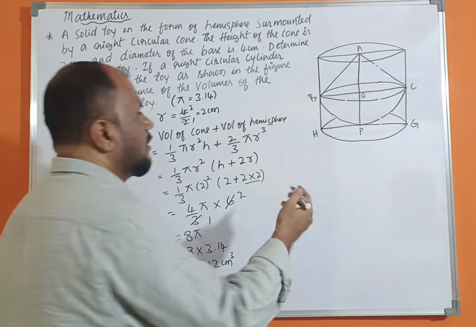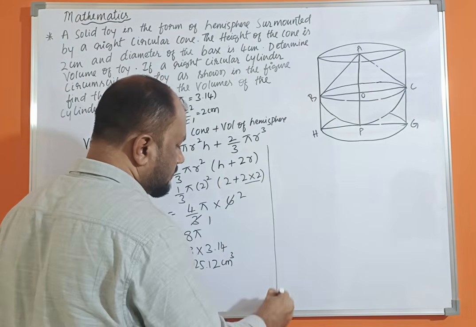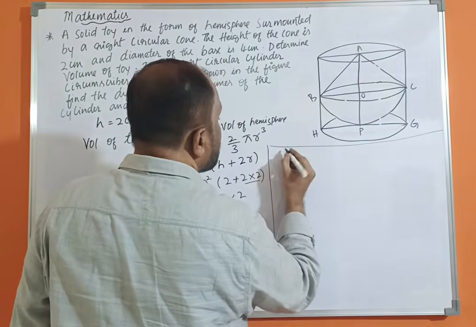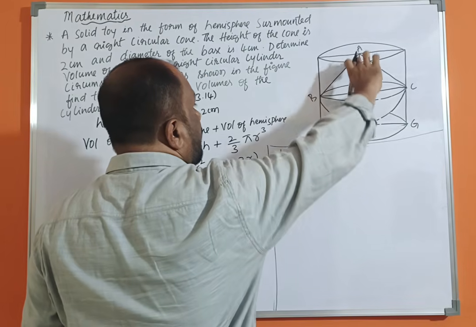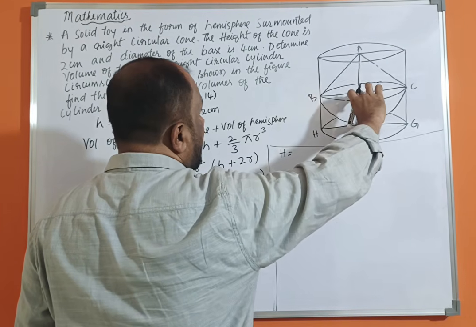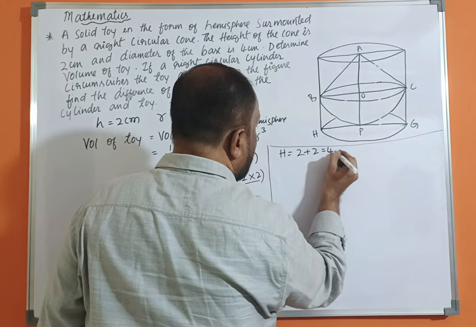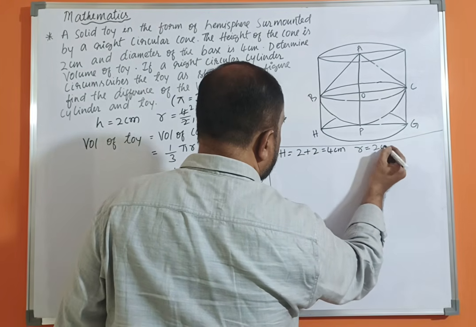Now find out for the cylinder. So we'll take capital H. H is the height of the cone plus the radius of the hemisphere, that is 2 plus 2, 4 centimeter, and r is the same, 2 centimeter.